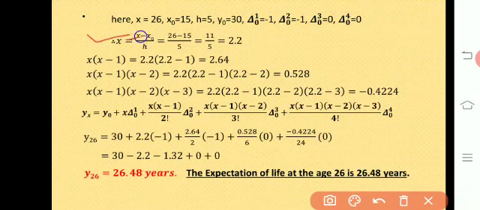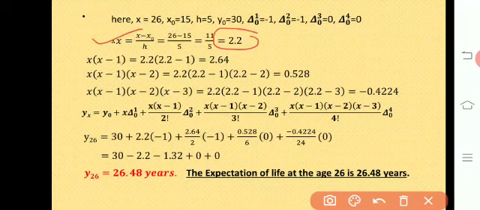Now x is 26, x0 is 15, so 26 minus 15 divided by h, and h is 5. So 26 minus 15 is 11, divided by 5 you will get 2.2, and that is the value of x.